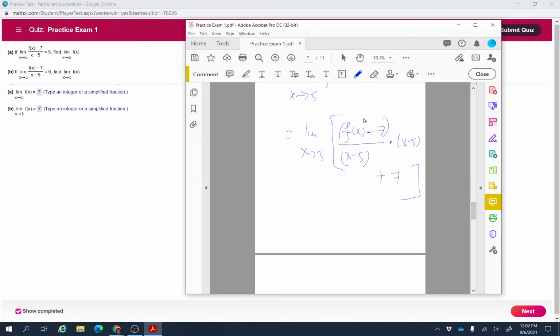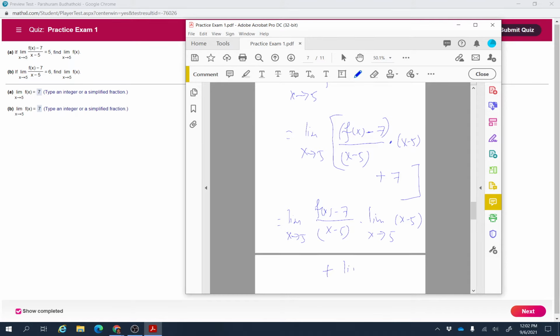So we can apply the property of the limit: the limit of the first expression, f of x minus 7 over x minus 5, times the limit of x minus 5 as x approaches 5. It comes from the property of the limit.